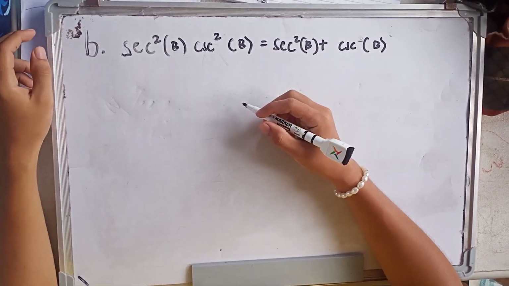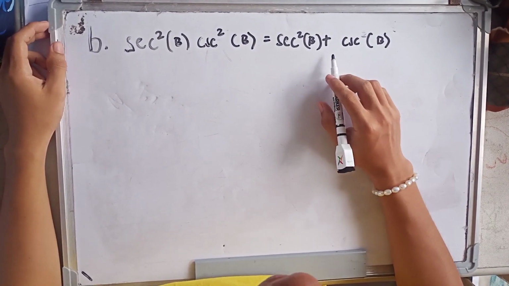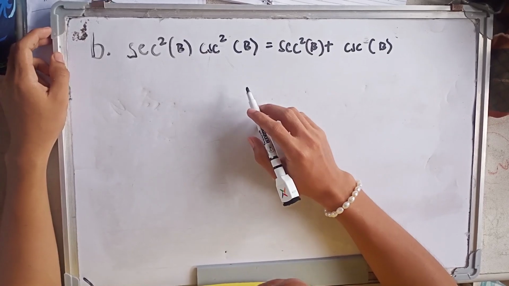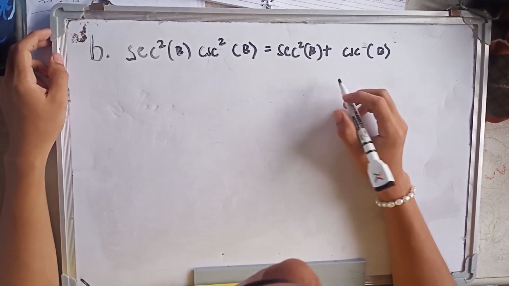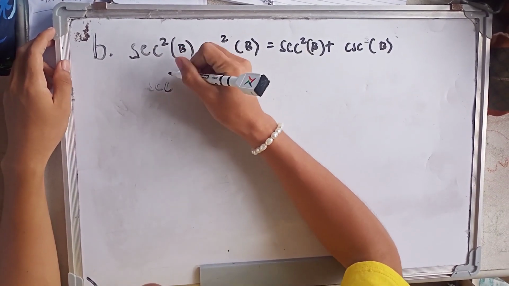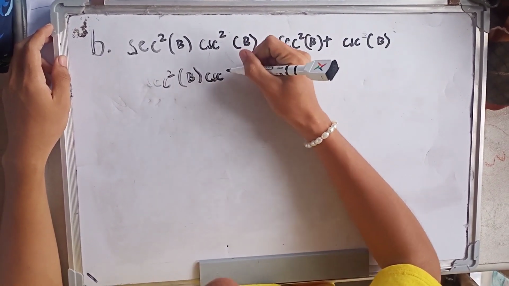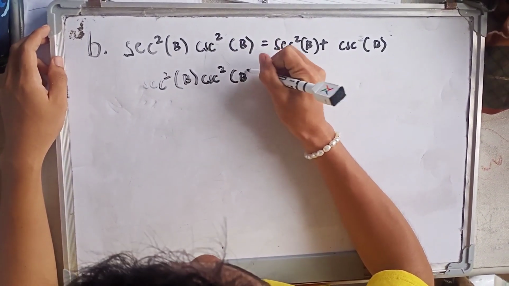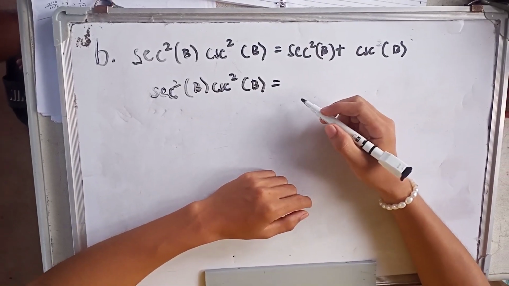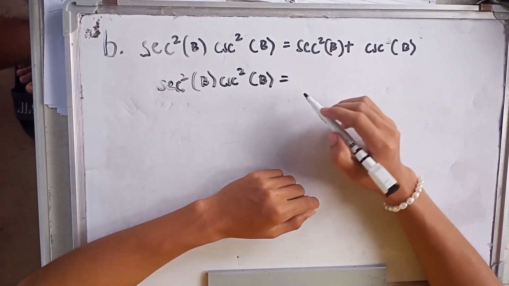In this case, the operation is a product, and in the other equation the operation is addition. So in the given, we simplify the operation of addition. Step 1, copy the first equation. We should use the reciprocal identity because of the squared terms in the equation.